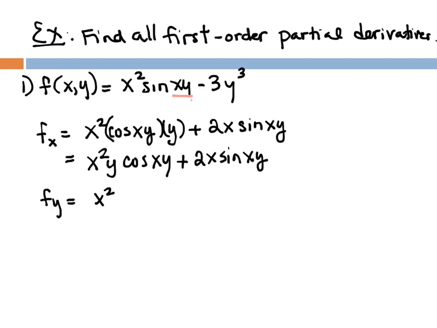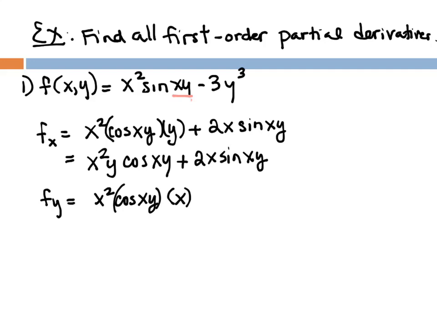And the derivative of sine is cosine of xy. And then I need the derivative of the xy, but this time x is constant and y is the variable. So x, right. The derivative of xy would be x if x is a number and y is the variable.